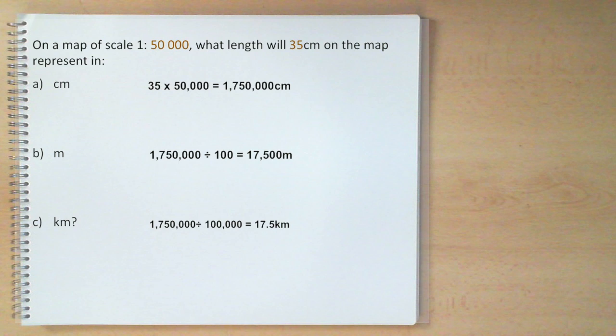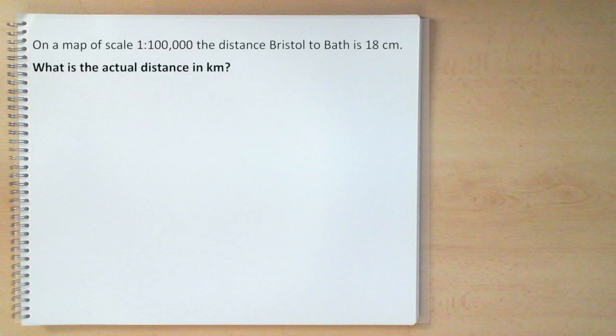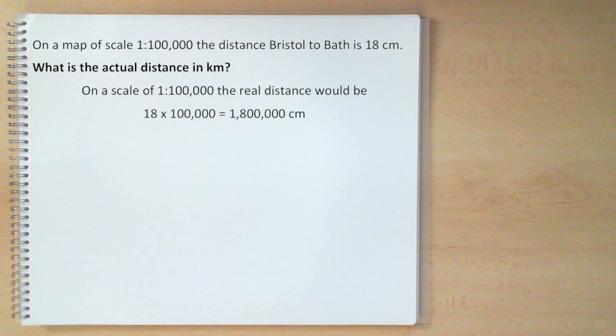Let's look at another example. On a scale map of 1 to 100,000, the distance from Bristol to Bath is 18 centimetres. What's the actual distance in kilometres? So on a scale of 1 to 100,000, the real distance would be, we take the 18 centimetres and we multiply it by the 100,000, and that gives us 1,800,000 centimetres.